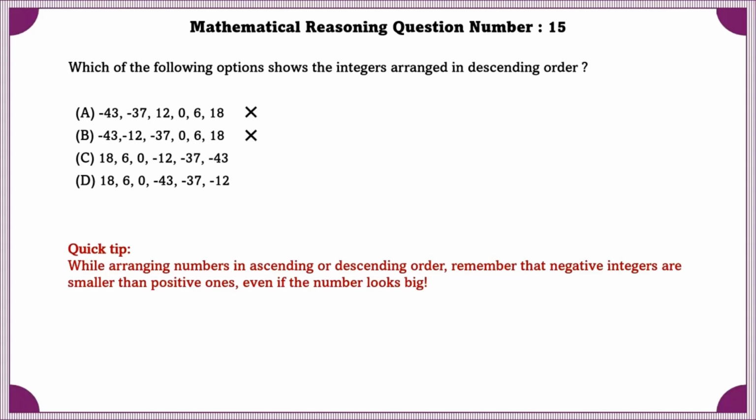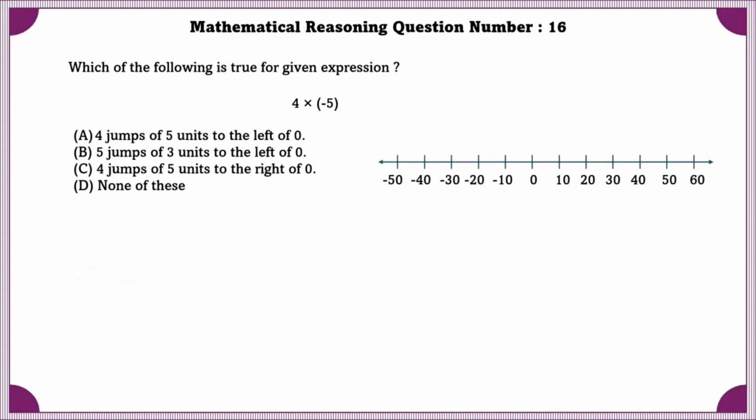Since negative numbers are smaller than the positive ones, we can exclude option A and B. Here in the D option, we can see that minus 43 is smaller than minus 12. So this option is also a false option. So the correct option, which has all the numbers arranged in descending order, is the C option.